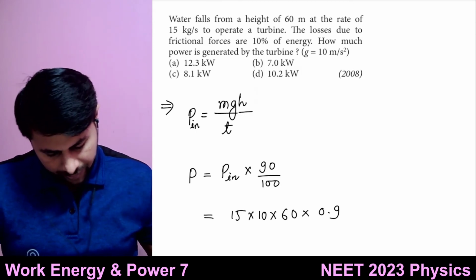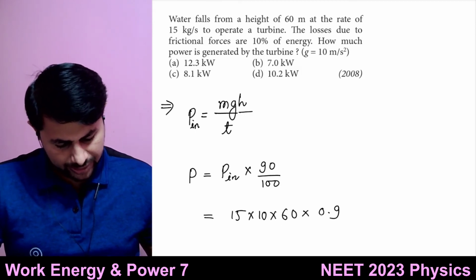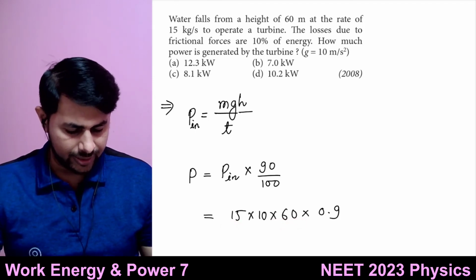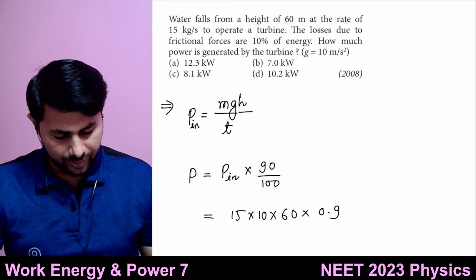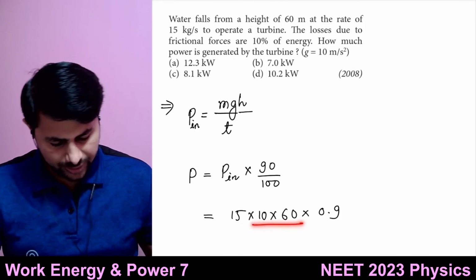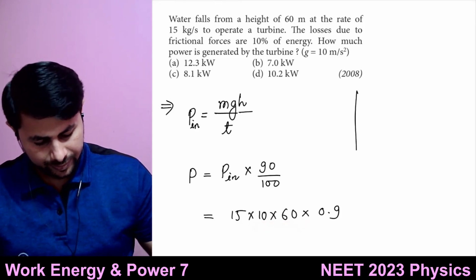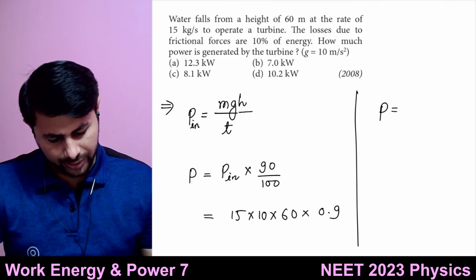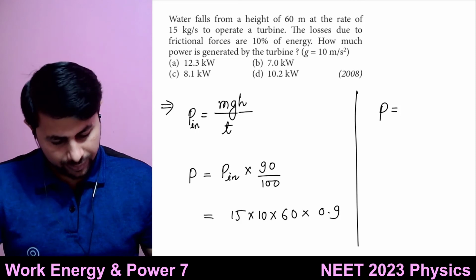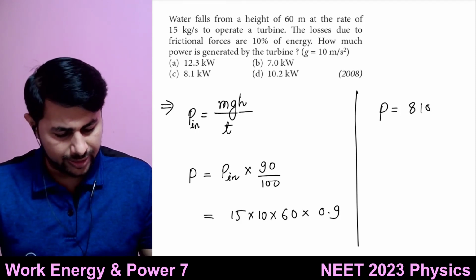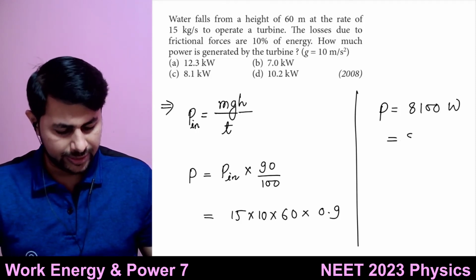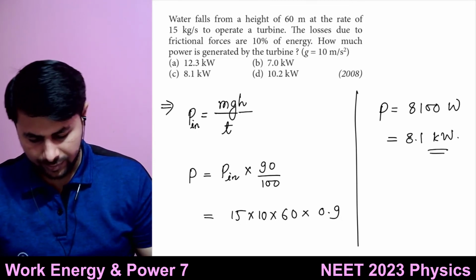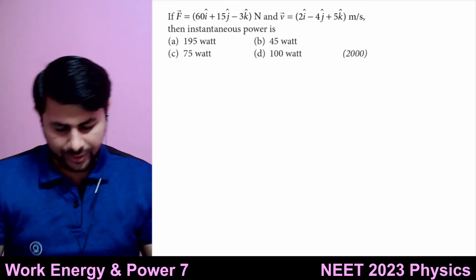So how much is it? 15 times 6 is 90. 9,000 multiplied by 0.9. 9 nines are 81. So 8,100 watt, or you can say 8.1 kilowatt. This is the answer. Option C.